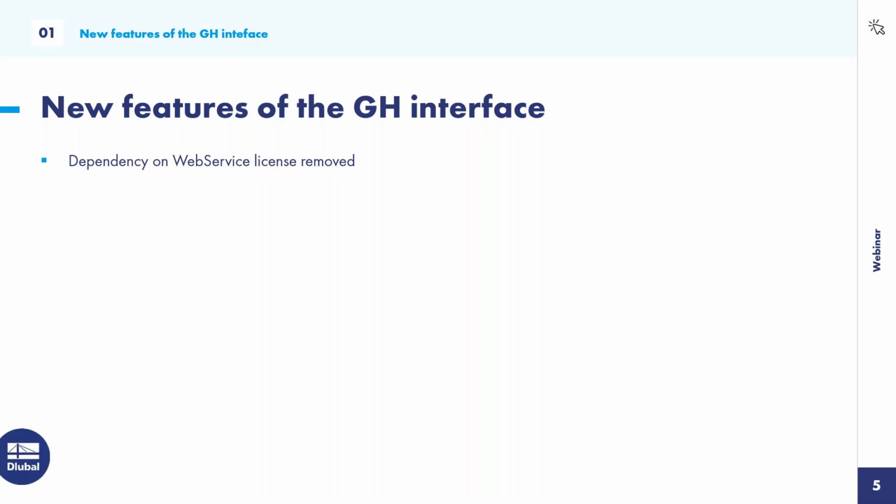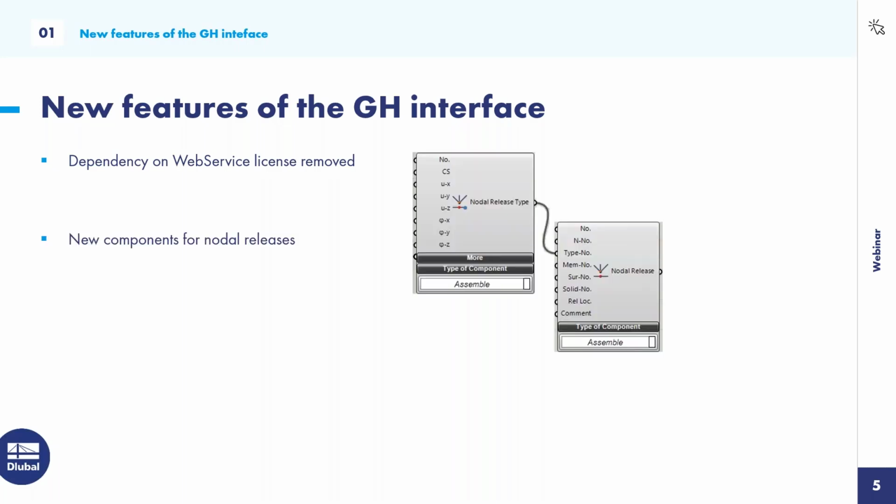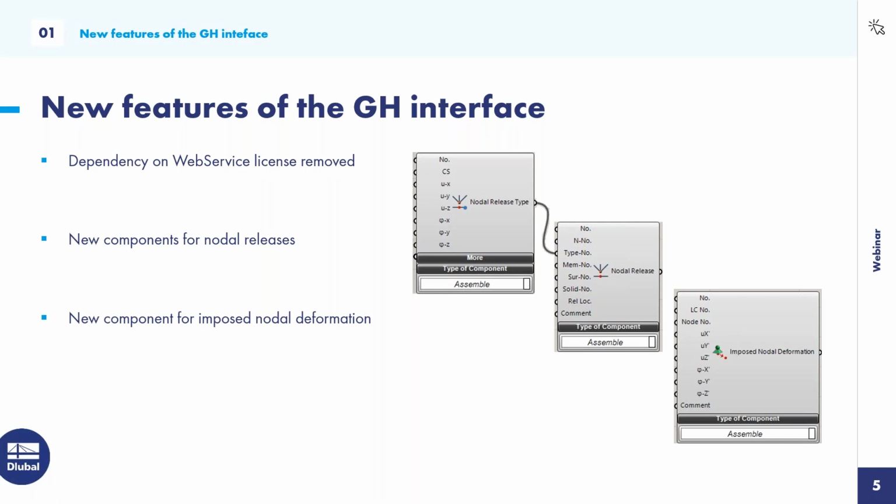A quite important one is we got rid of the dependency on the web service licenses. You no longer need this license to use the Grasshopper interface or Rhino Grasshopper interface. We implemented new components for nodal releases and also a new component for imposed nodal deformations, both requested from our customers.